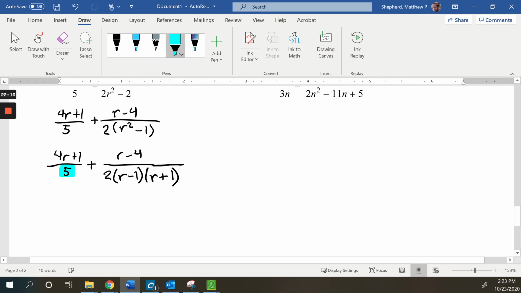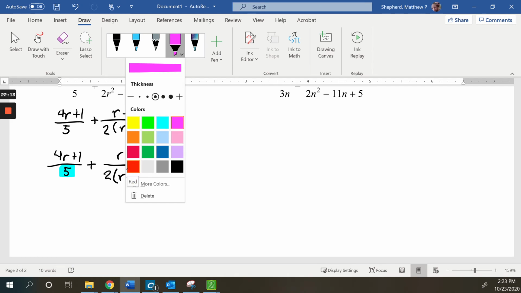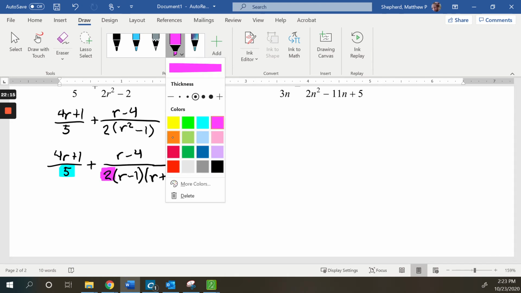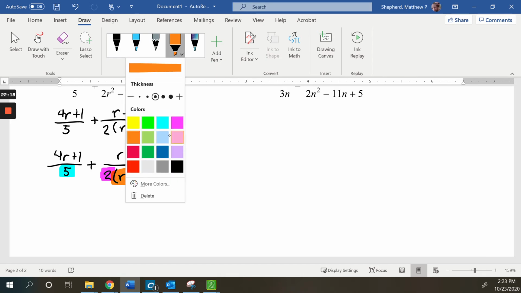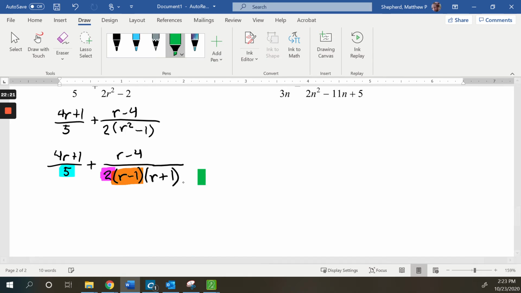And so now let's look at each of our factors that needs to be taken into account. Okay, so we've got those 3 factors. Everything is going to need these 3 factors in it. So I now need to make sure that I multiply the left side by a 2, an r minus a 1, and an r plus a 1 to its numerator and denominator.